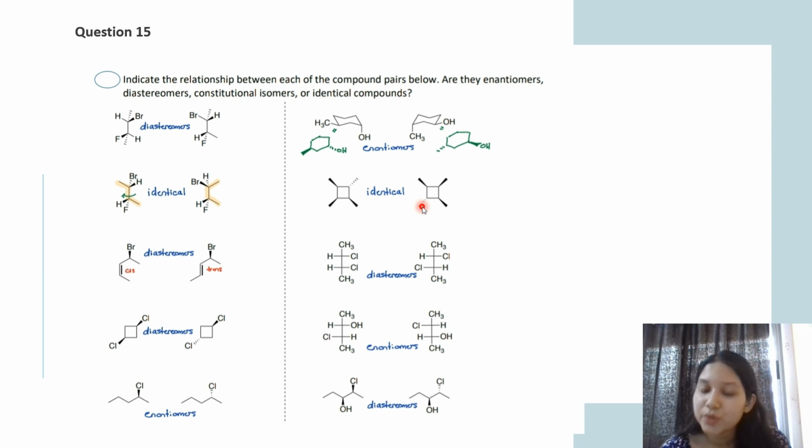But do you remember the rule? If we are comparing a pair and we take one molecule of the pair and rotate it by 180 degrees, if it becomes converted into the second molecule, then those two will be identical. So we have to rotate one of the molecules by 180 degrees.